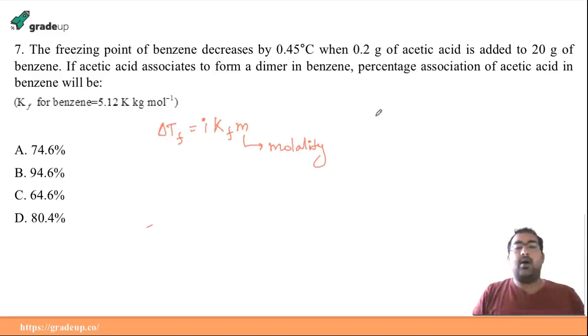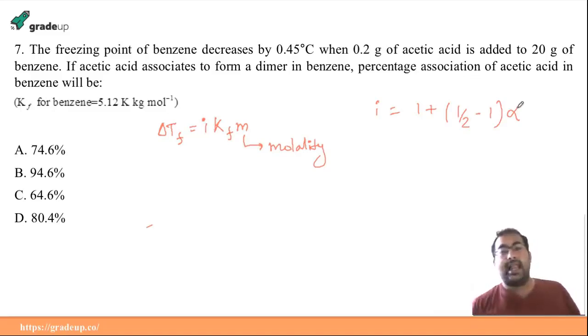Now how do you calculate i? i is equal to 1 plus (1/n minus 1) times alpha. Is that clear? And alpha is your dissociation or association factor.